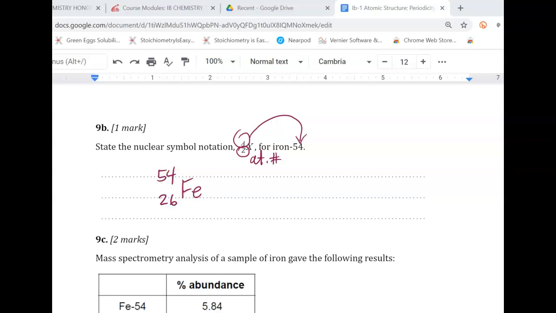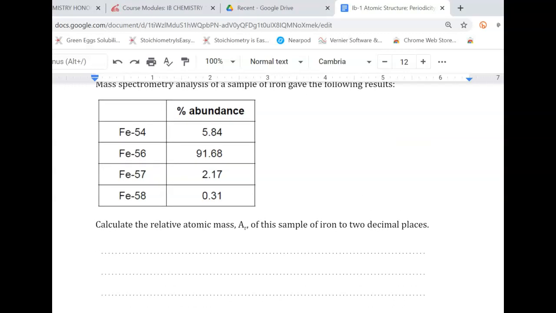All right. Next one required that you do some calculation. So let's take a look at what that really means here. In this case, there were 2 points associated with this, and you had to not only do the calculation, but it says calculate the relative atomic mass. So here we go.